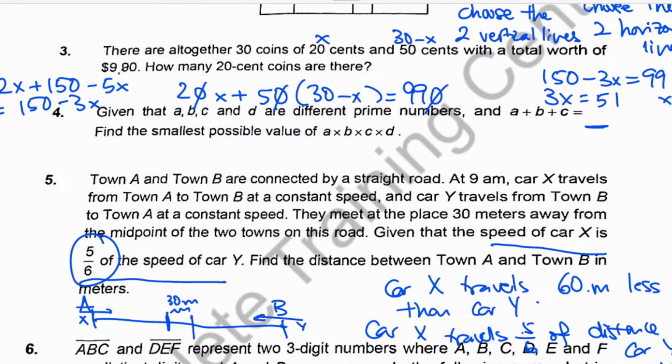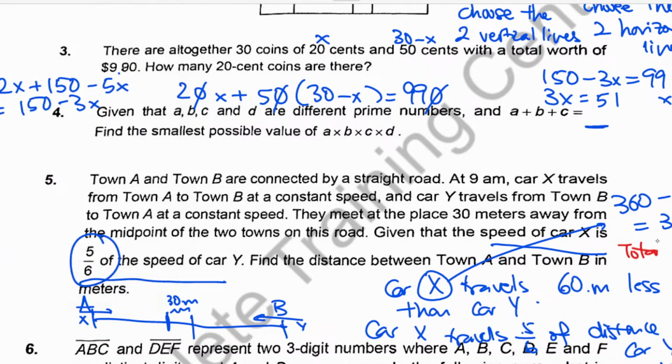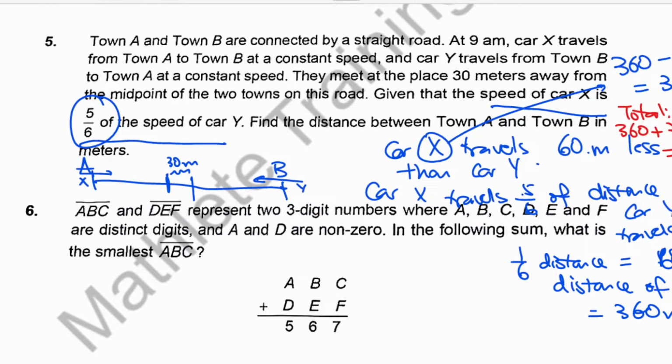Hence the distance of Y is 360 meters, and car X will travel 360 minus 60, which is 300 meters. I'll change to a different color. The total is 360 plus 300, which is 660 meters. That's question 5. And then question 6.